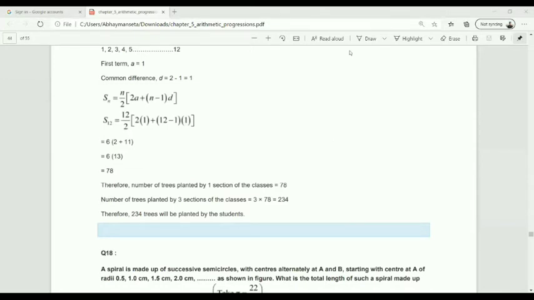So we multiply 78 by 3. Is it clear? So our answer is 234. Therefore, 234 trees will be planted by the students. Is it clear? Question number 18.